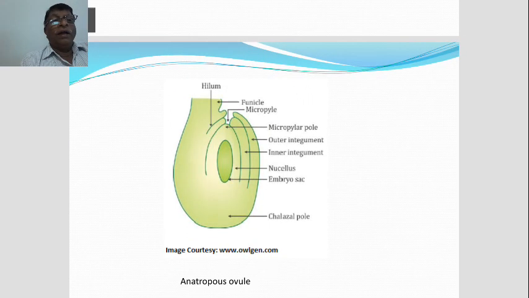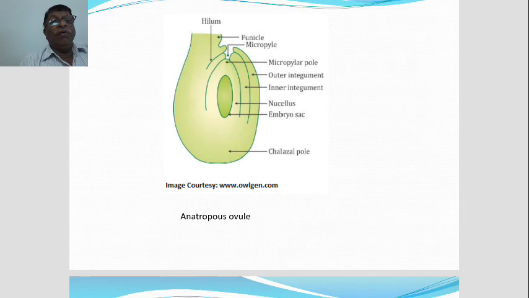See the ovule, anatropous ovule means inverted ovule, bent ovule. See the diagram, the funicle, hilum, micropyle, narrow opening you can see, then outer integument, inner integument. Next to the integument, we come across nucellus or the megasporangium.